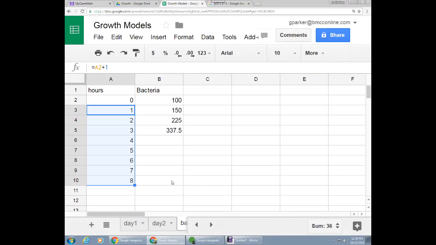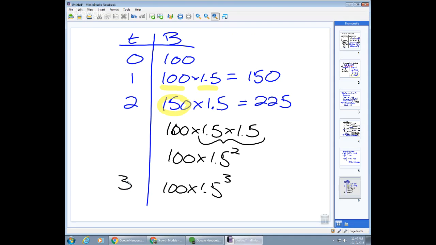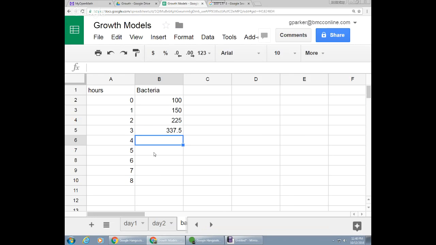That works too. To get the explicit formula, which is the last thing that we figured out here, notice the time matches the power here. In our previous example, it didn't. It was 1 off. So I could just say equals 100 times 1.5, my base, raised to the power of whatever hour I'm at.